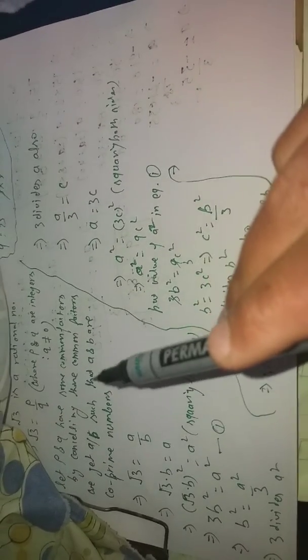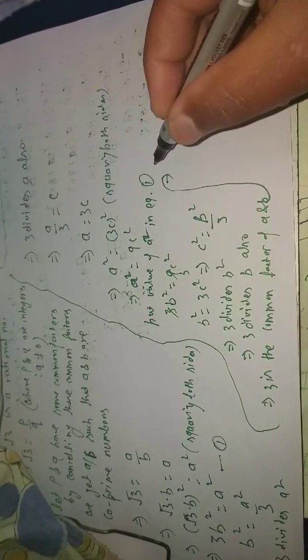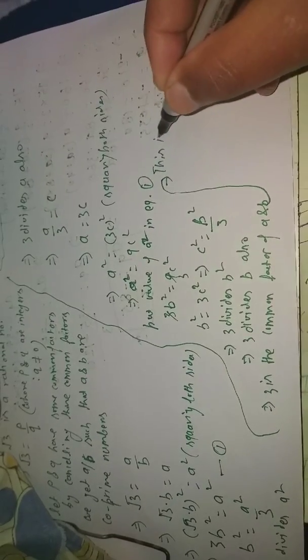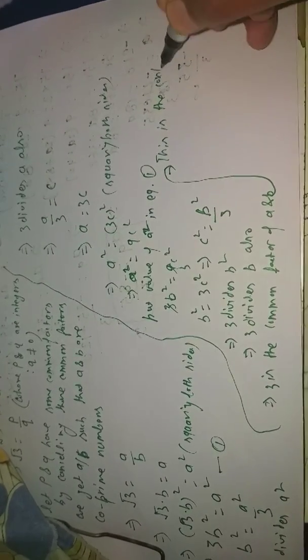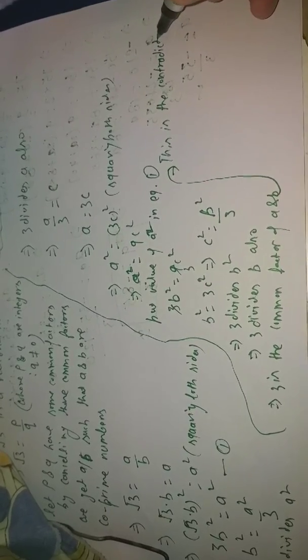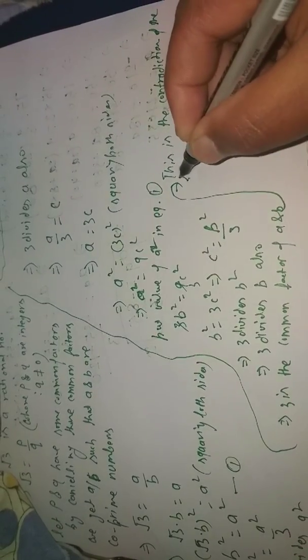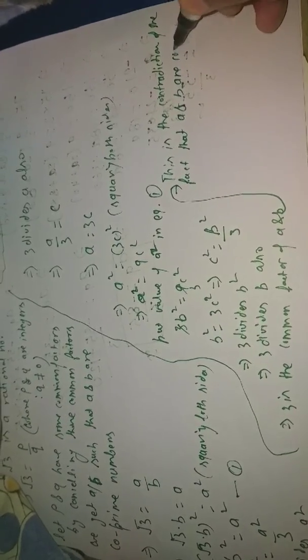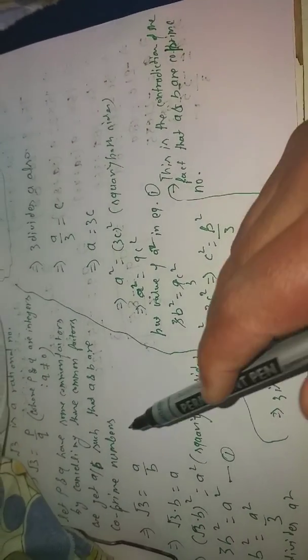So this is the contradiction of the fact that a and b are co-prime numbers. They had nothing common, now 3 came as a common factor here. So this is the contradiction.